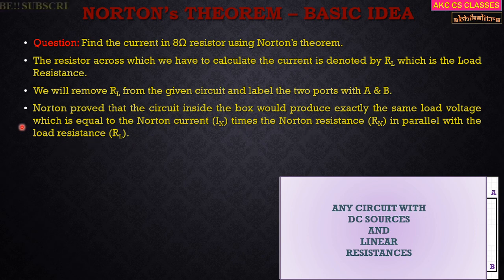In Thevenin's theorem, if you remember, the load resistance was in series with the equivalent resistance. But in case of Norton's theorem, the load resistance is in parallel with the Norton resistance, which is given by Rn, and the Norton current source is given by In. So in Thevenin's theorem, we were using Thevenin's equivalent voltage source, but in case of Norton's theorem, we are interested in taking up the Norton's current source, which is given by In.